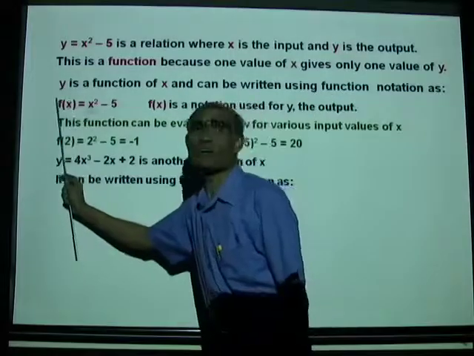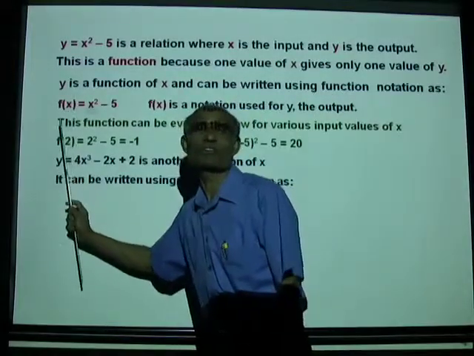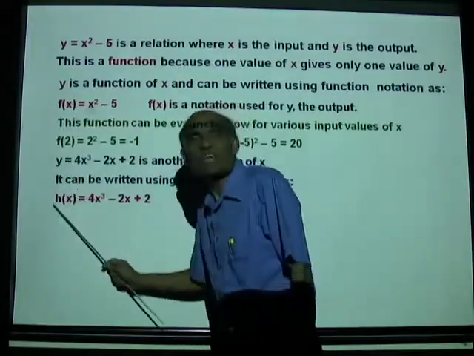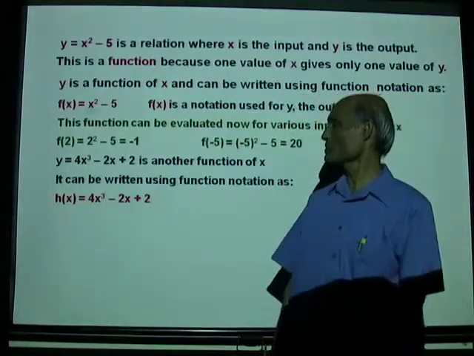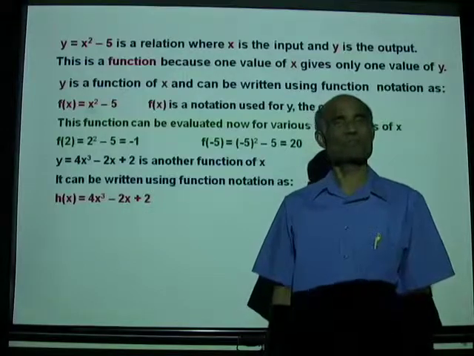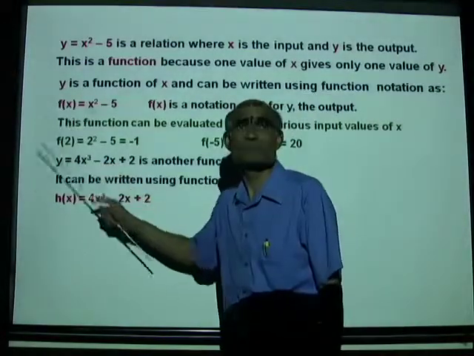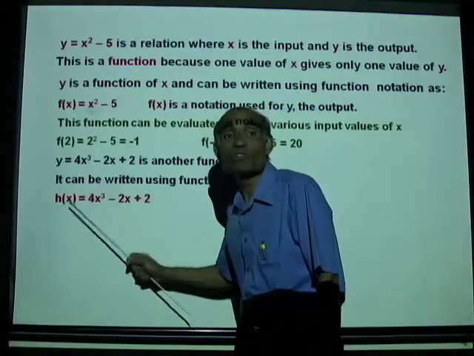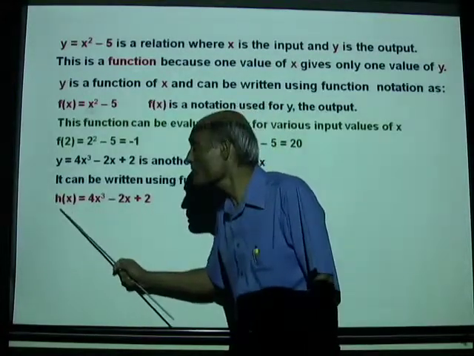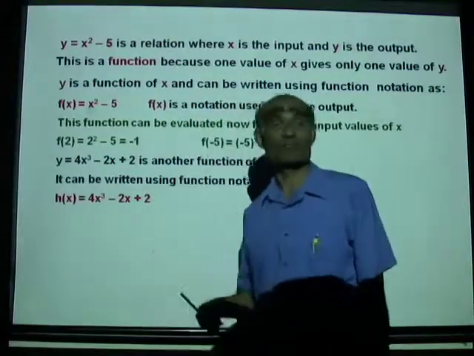Because we have already used f of x, this time we're going to use h of x. h of x equal to 4x cubed minus 2x plus 2. Does it make any difference? Not really. For any input, there's an output. The output here is called h of x.